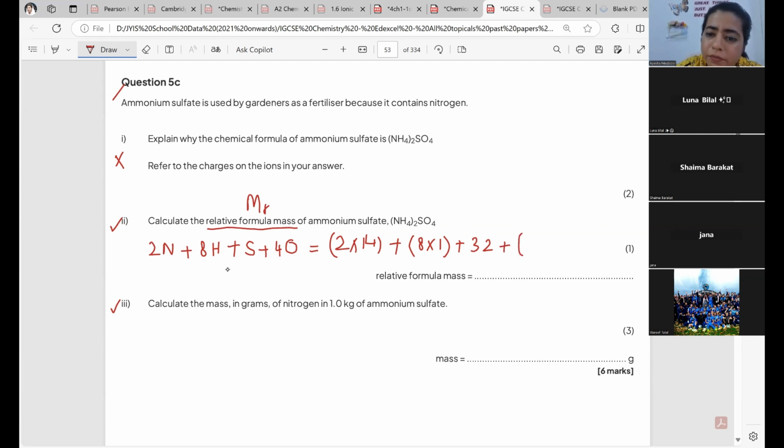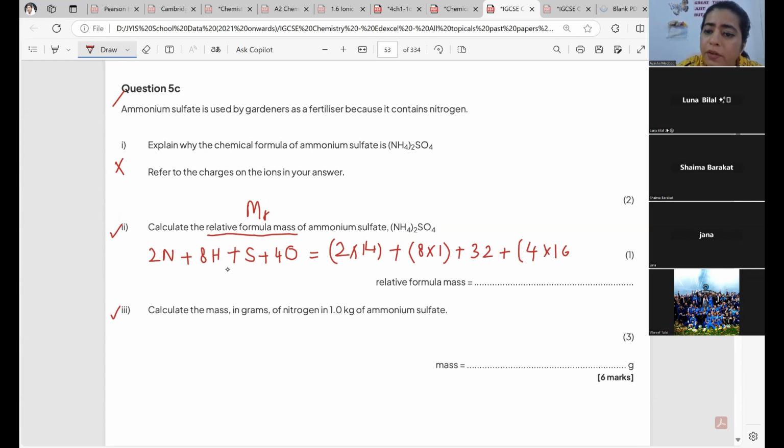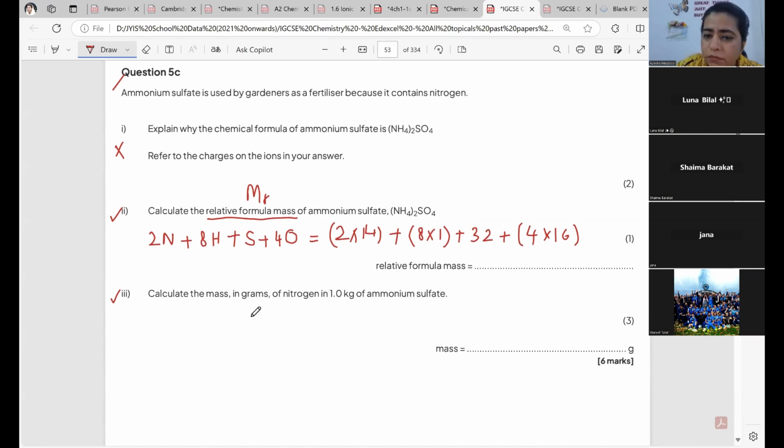Oxygen, which is 4 multiplied by 16. Get the total. Miss, the total is 132. Very good, 132. Now, this will help you in the next question as well because we need MR whenever we are doing some calculation.